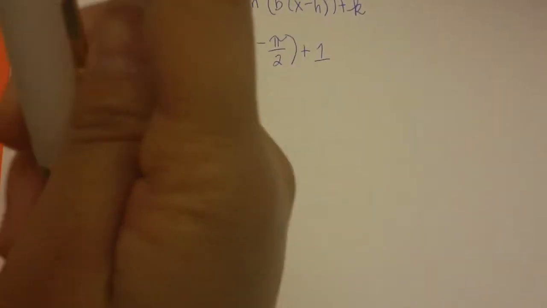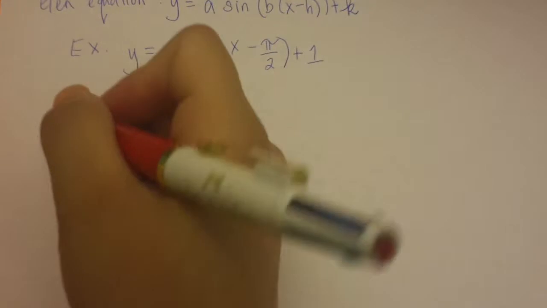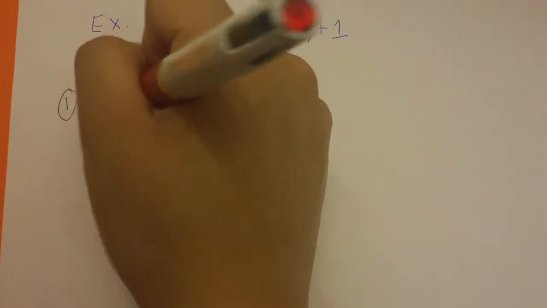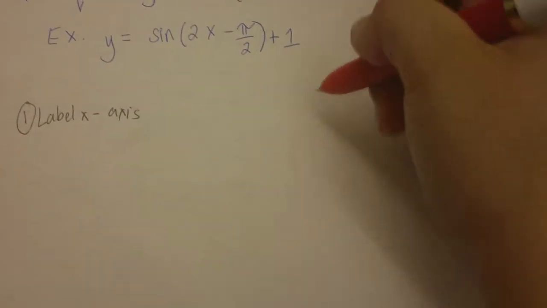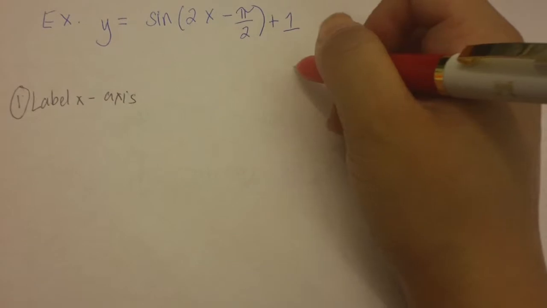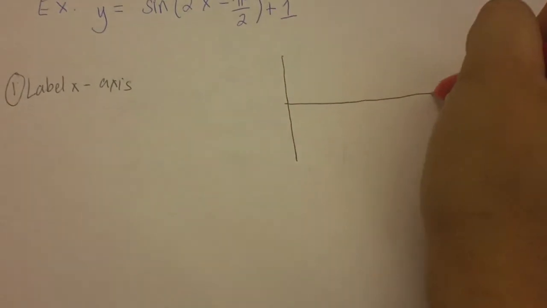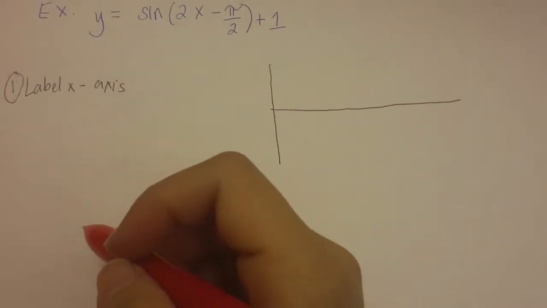And the first step is to label your x-axis. So let's just draw our graph over here. Okay. So that'll be where our graph is.